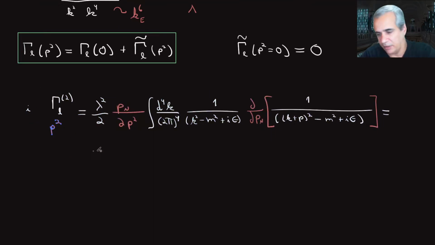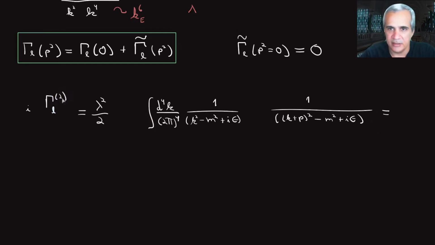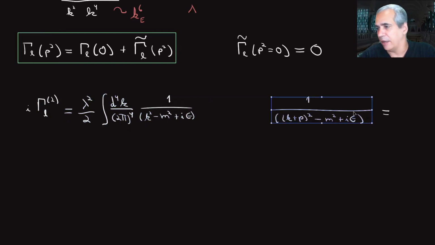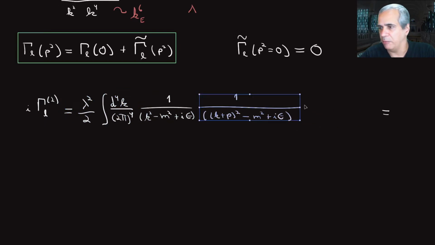Let me take away everything that was the derivative. And this is the gamma L I want to calculate, and I know it's logarithmically divergent, and I will do Pauli-Villars to regularize.